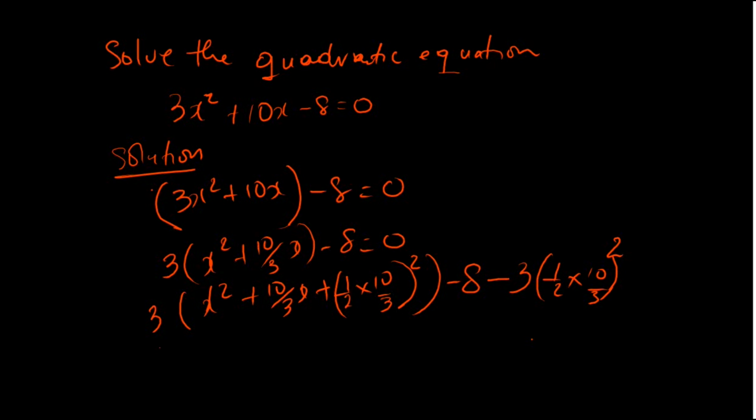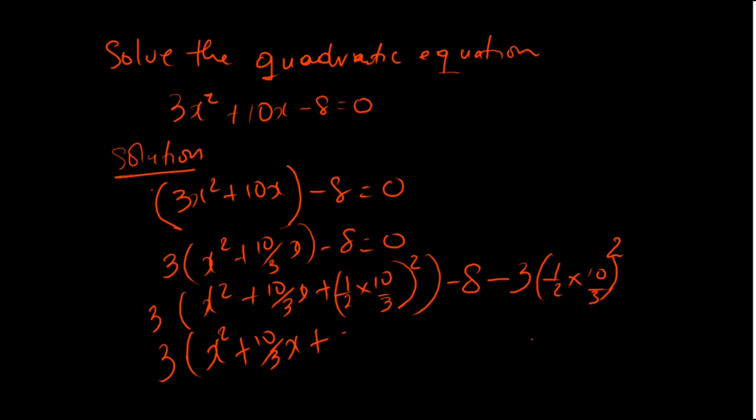All right, so now we're going to have, let's clean up. We have a lot of things going on here, so let's clean up some of it. So now we're going to have 3, and we'll have x squared plus 10 over 3x plus, and let's work out our bracket now.